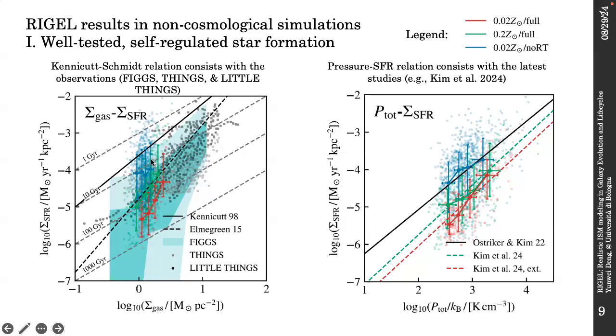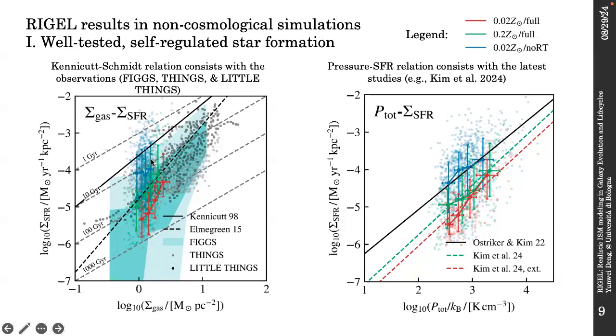And if you look at this figure horizontally, for a given star formation rate, you can see the full feedback run has a higher ISM pressure, which is simply because you provide additional feedback channels, radiative feedback, and you get higher thermal pressure for the ISM.